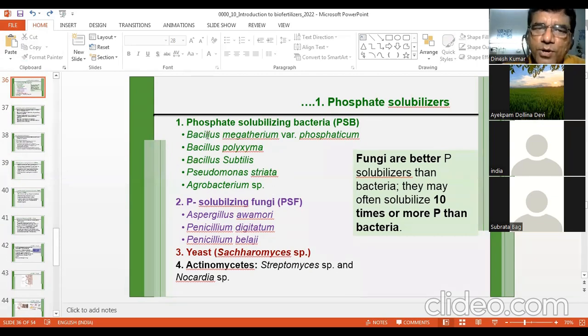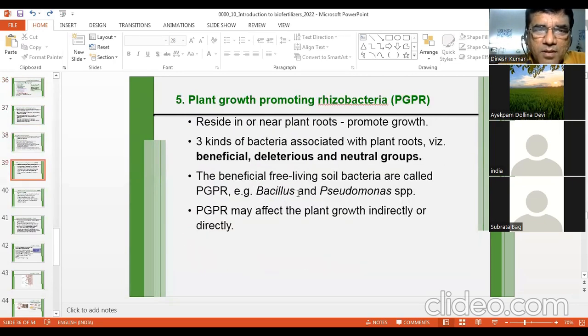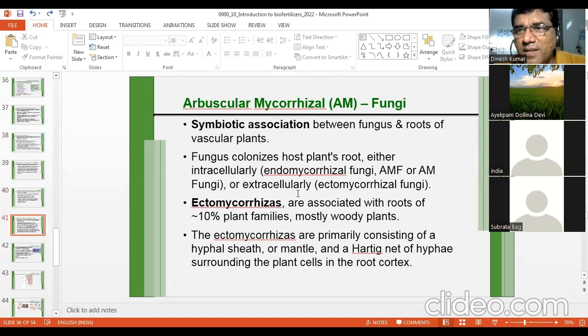If you are talking of only bacteria, then say PSB. If talking only fungi, say PSF. And you can also make a new term PSY, phosphate solubilizing yeast. So this is in our hand, how we can write and represent. So is that clear? Is that clear to you?